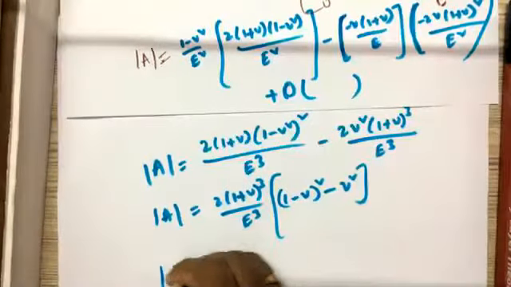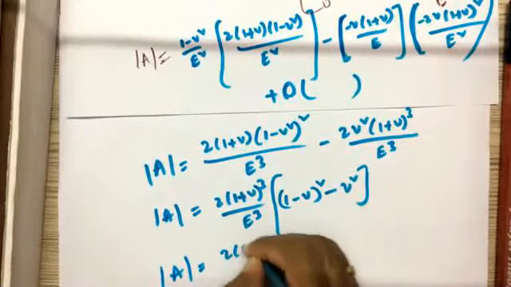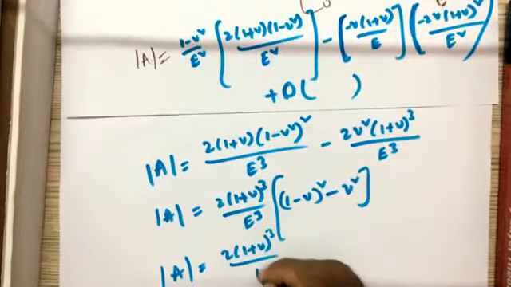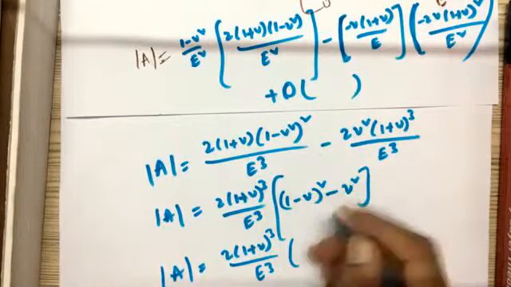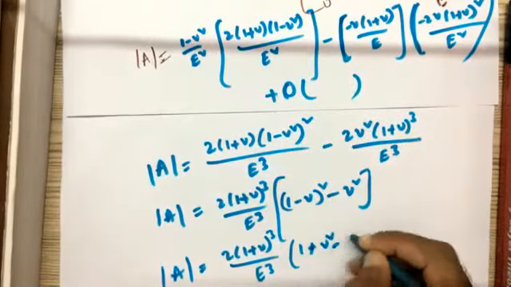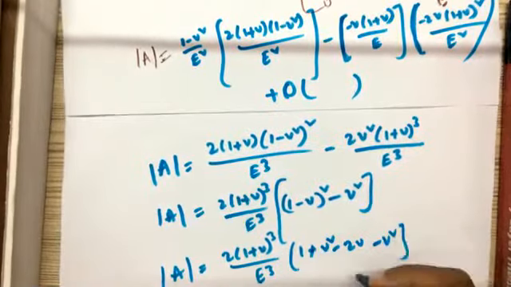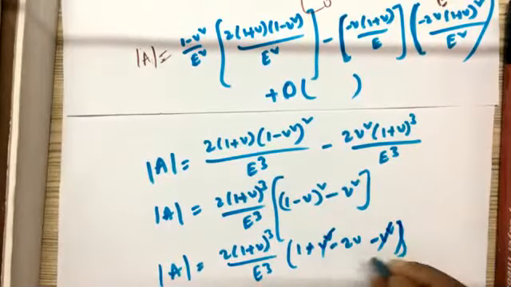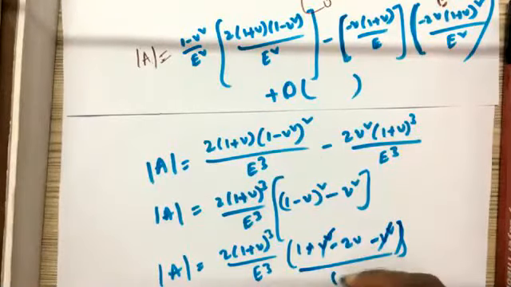So what is that? 2 into (1 plus nu) whole cube by E cube into (1 minus nu) whole square, which is 1 plus nu square minus 2 nu minus nu square. Minus nu square plus nu square get cancelled. What is remaining? 1 minus 2 nu.